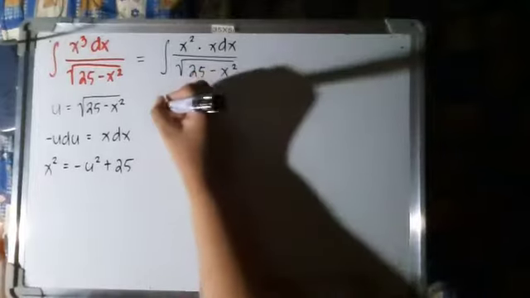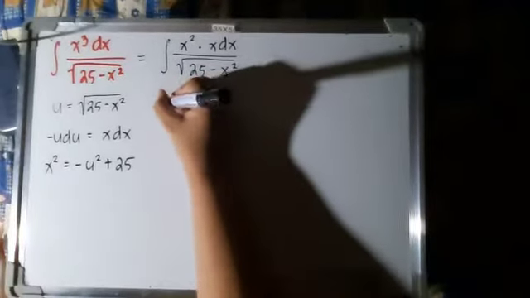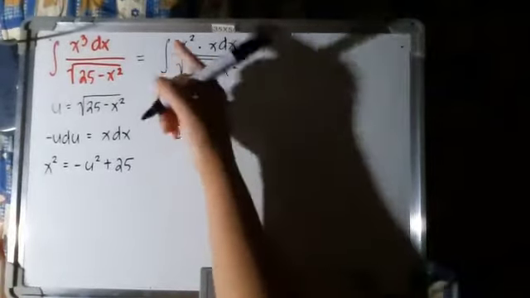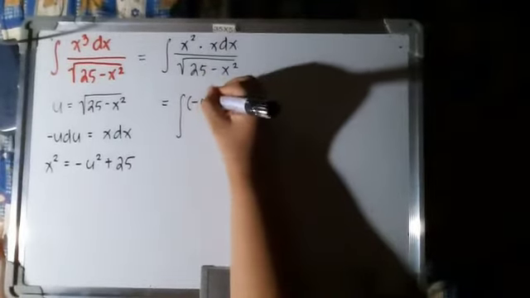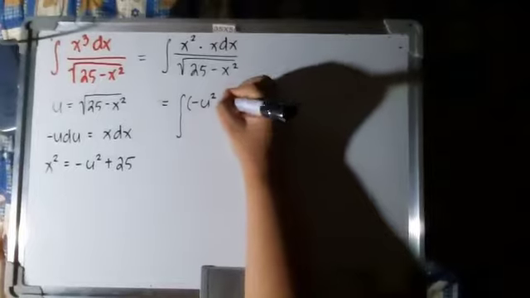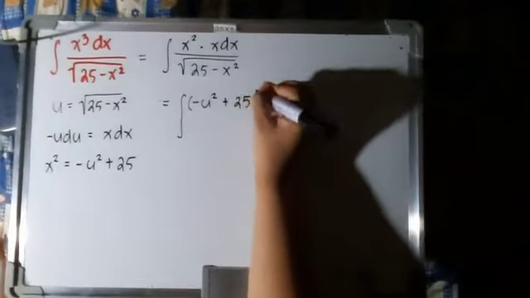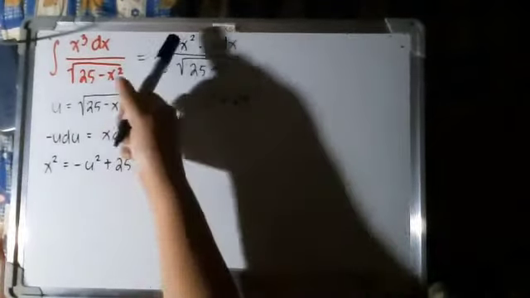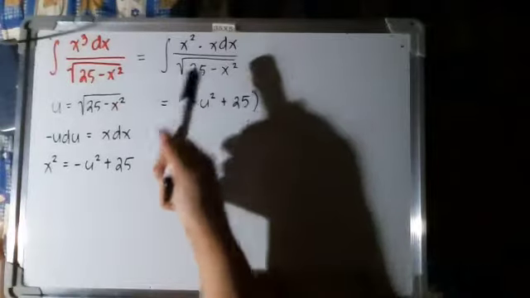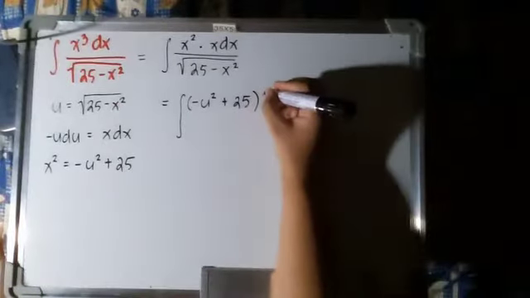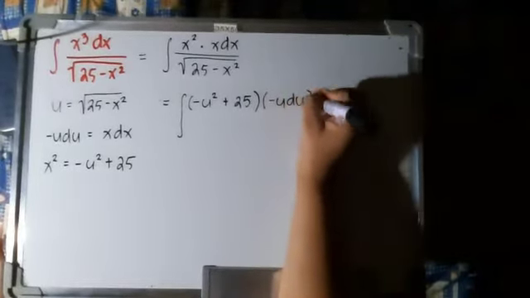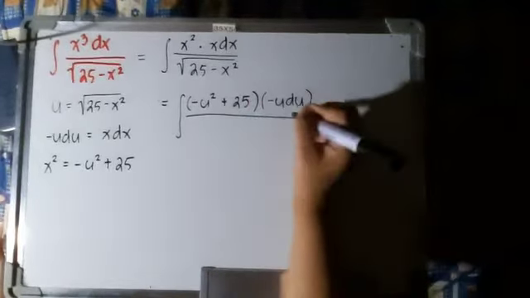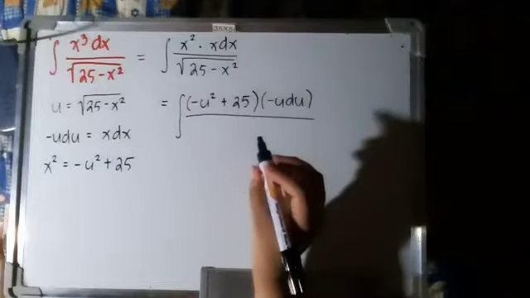So, first, this will be equal to the integral of, yung x squared, papalitan natin ng negative u squared plus 25. Ito siya, naging ito. Si x dx, papalitan natin ng negative u du, all over, si square root of 25 minus x squared, papalitan natin ng u.